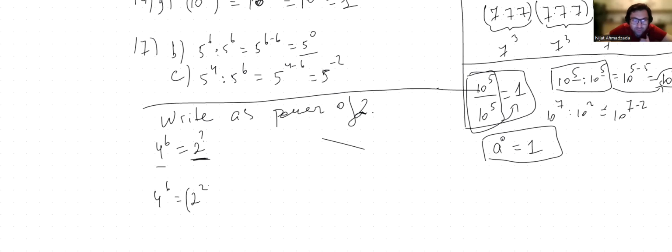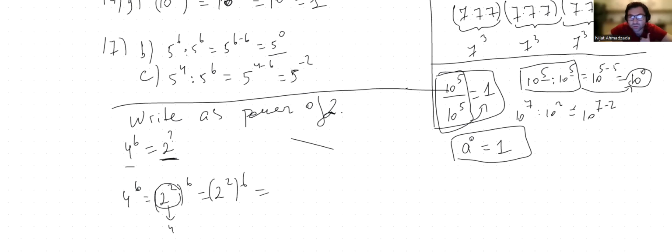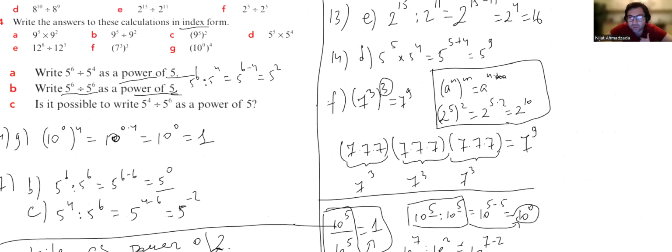So this is 4, right? And the question was 4 to the power of 6. So we have 2 to the power of 2, all to the power of 6. And we know the rule, right? Which rule? This rule: a to the power of m to the power of n is equal to a to the power of n times m. 2 to the power of 5 to the power of 2 is equal to 2 to the power of 5 times 2.